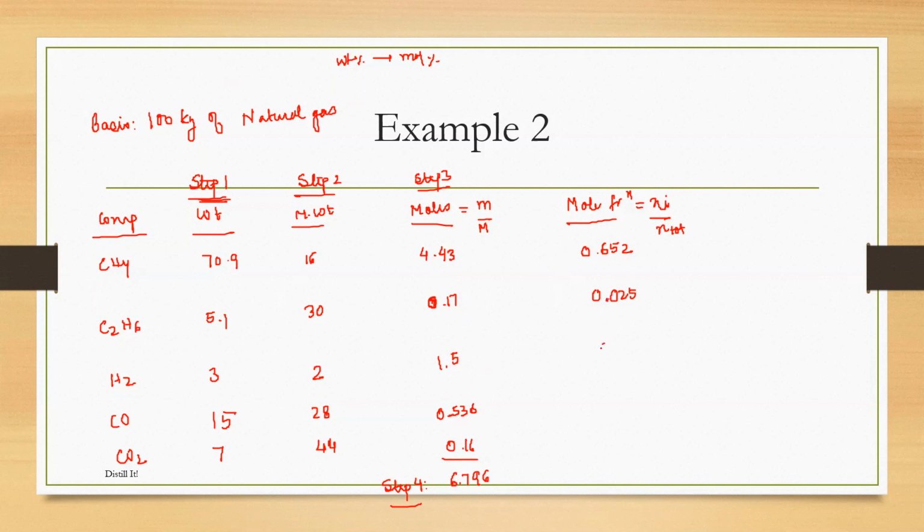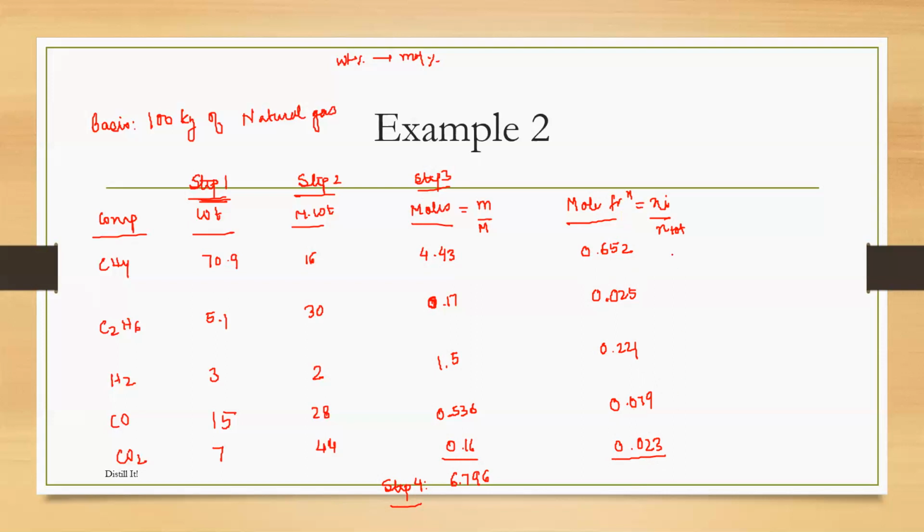Then 0.221. This is 0.079. And finally, this one is 0.023.